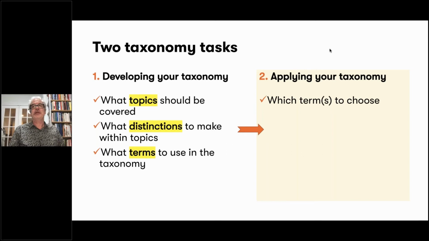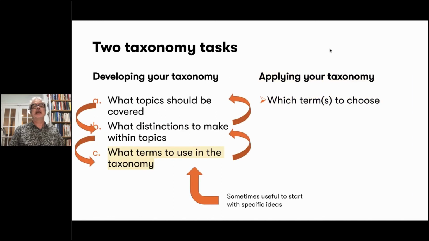And there really are 3 different related aspects. You need to figure out the topics you want to cover, the distinctions you want to make within those topics, and the specific terms you want to use when you're talking about the topics. All right, now these are interrelated, and in fact, they influence one another.